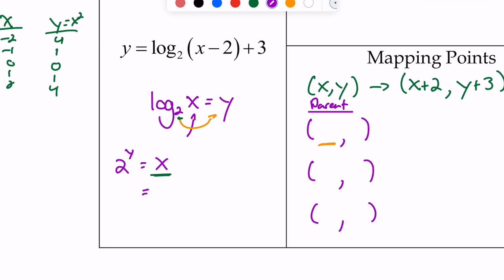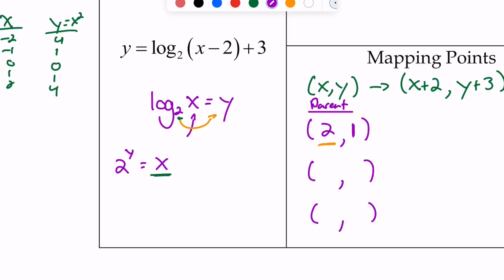If I choose a number like 2 for my x, what do I put 2 to the power of to get this number that I chose? Well, you would choose 1. 2 to the power of 1 gives you 2. So 1 on the y.